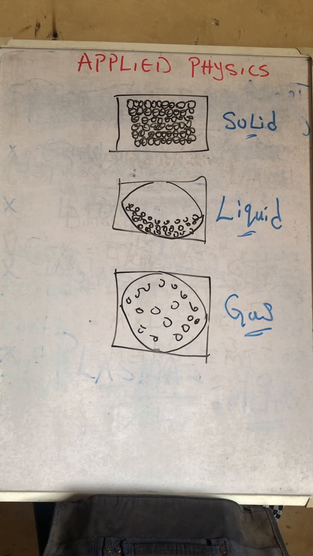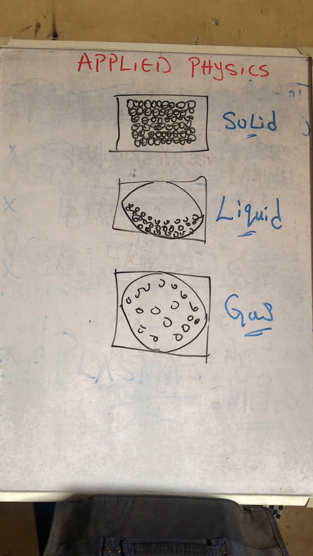Unlike a solid, as we can see in the diagram, a liquid does not have a definite shape. It takes the shape of its container. It also takes the volume of its container. You can define a liquid as a nearly incompressible fluid.